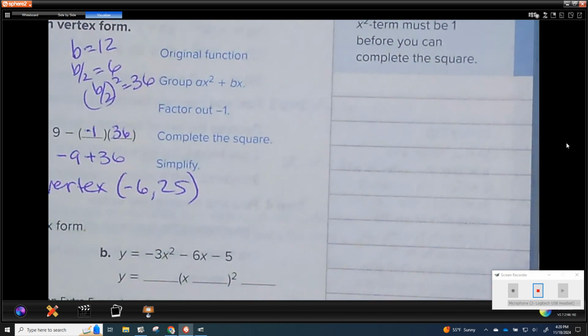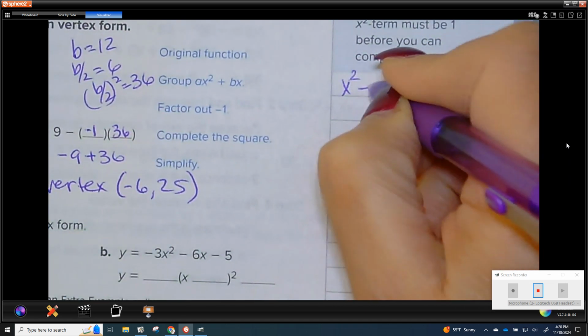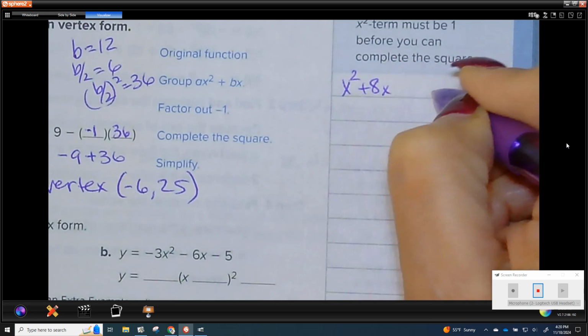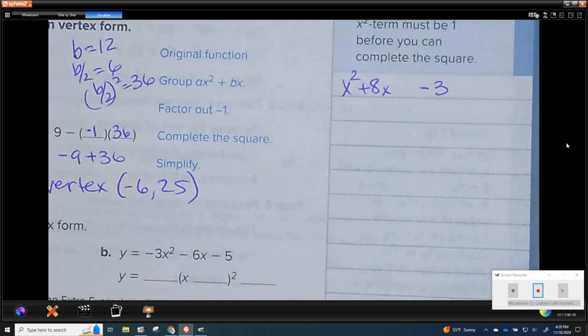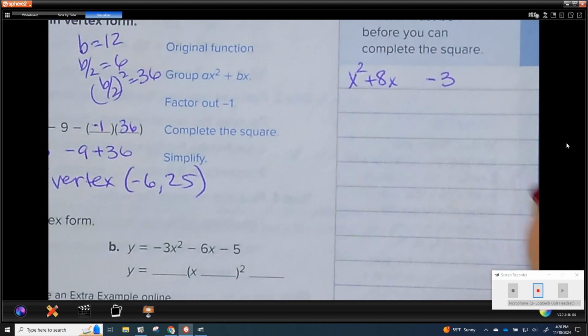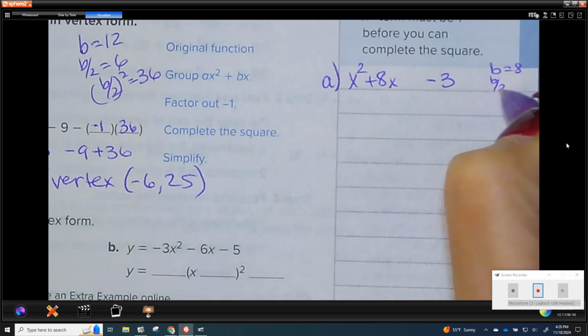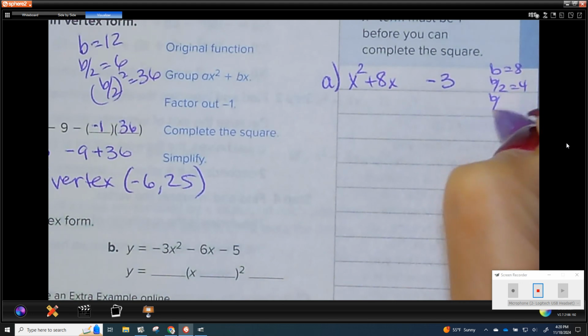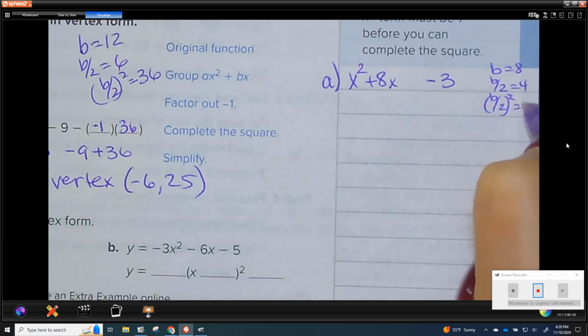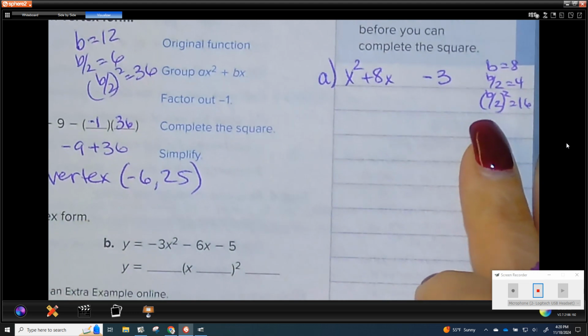Our first one is x squared plus 8x. Leave a space and then put minus 3. So our b is 8, half of b is 4, half of b squared is 16. So that's what we have to add in.